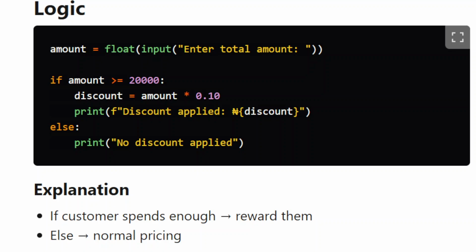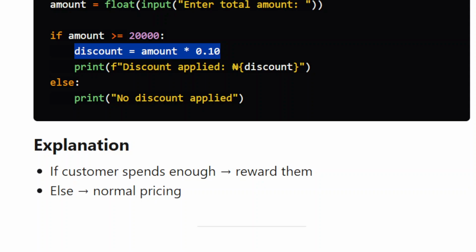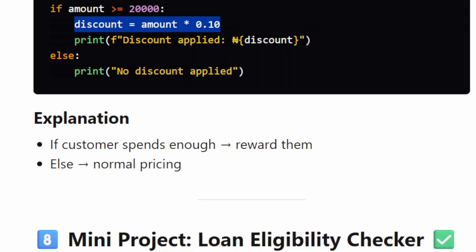Now this is the discount: amount multiplied by 0.10, which is 10%. So this could be saved somewhere for the customer. Then print discount applied and the amount of discount that was applied, all right. Then else, no discount applies. So if the customer spends enough to be rewarded, they get the discount. Else, just normal pricing.